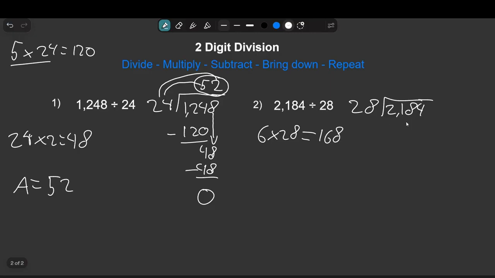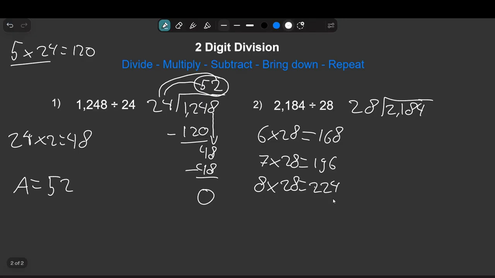We're still far away from the 218, so we can go further. 7 times 28 will equal 196. We're coming a bit closer, but it looks like we can go one more. So 8 times 28 we try, and then we get 224.